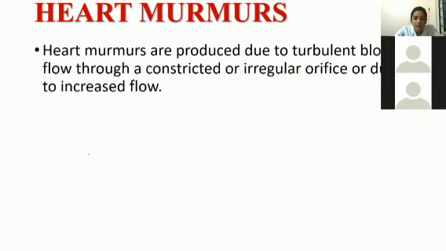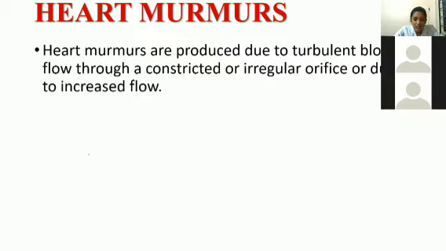Next important thing while studying the valvular disorders are the heart murmurs. So what is this murmur? How is it occurring? Let's see. Heart murmurs are produced due to turbulent blood flow through a constricted or irregular orifice, or due to increased flow.